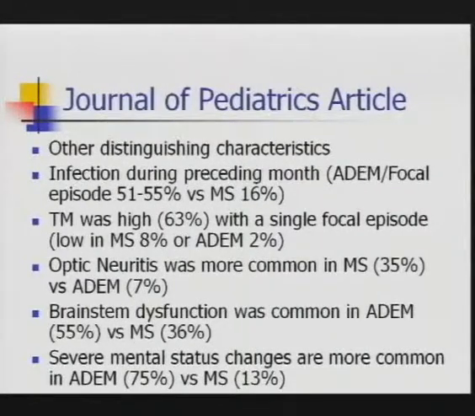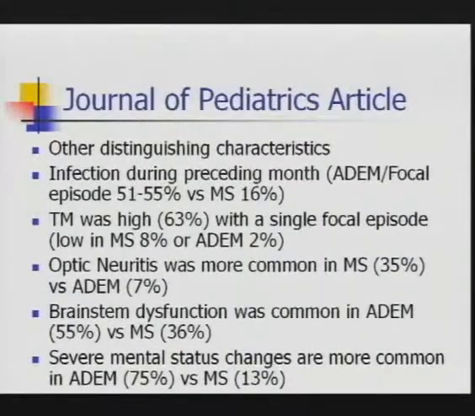So I'm going to spend most of my time on some of the distinguishing characteristics on most of these slides. As we've talked about before, infection during the preceding month is much more common in ADEM versus TM. It was very high when you just had a single focal demyelinating episode. Optic neuritis is much more common in multiple sclerosis, although it can happen in pediatric ADEM.